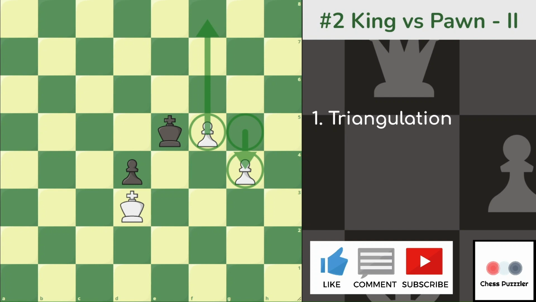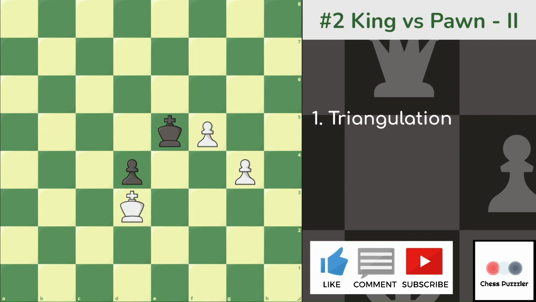White knows that with the aid of his king, right here on d3, promoting one of his pawns would be quite easy. The problem is the d4 pawn that black has right now. If the white king just moves to support one or both of the white pawns, white is going to lose a lot of tempo and black would simply promote.